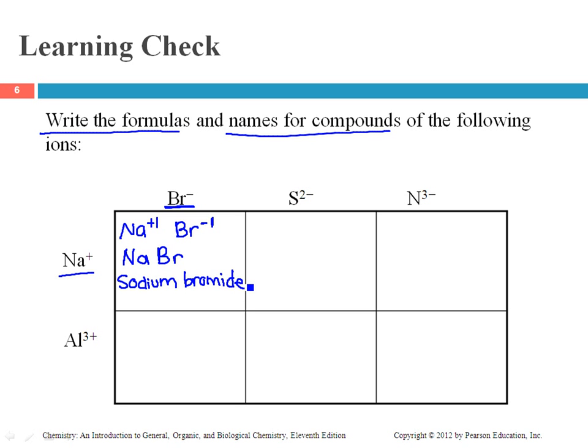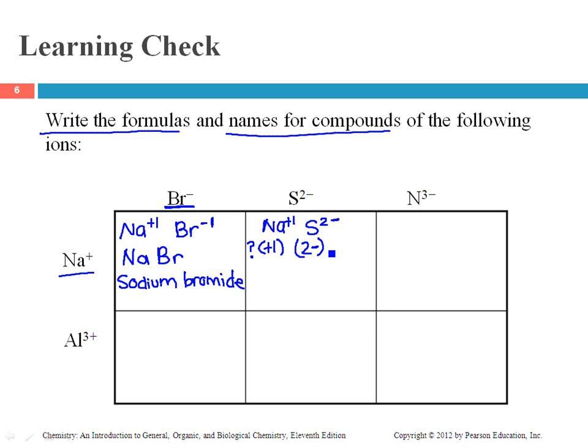We'll move across to sodium and a sulfur ion. So we have Na+1. This time our charge doesn't cancel. We have +1 and we have a -2, so our charge does not equal 0, and we know it has to. We're not sure how many atoms of each we need here, but we know that our charge is +1 on the sodium and -2 on the sulfur.